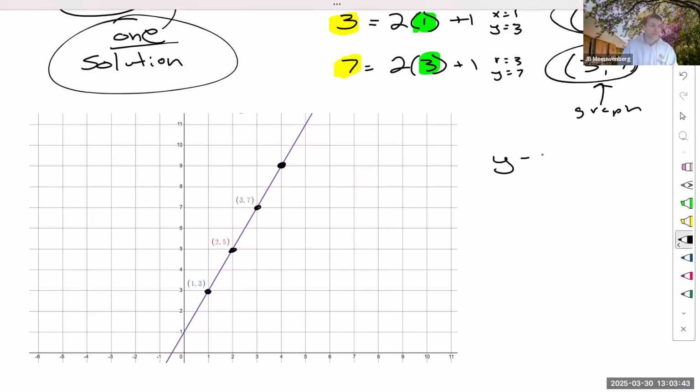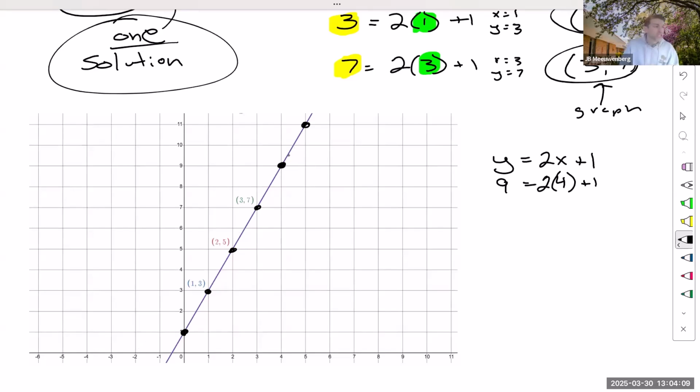Here's that equation again. If I plug 4 in for x and 9 in for y, guess what? It gives me another true statement. Here's another solution. 5 and 11. Here's another one. 0 and 1. And guess what? Every other point between them also makes a solution.